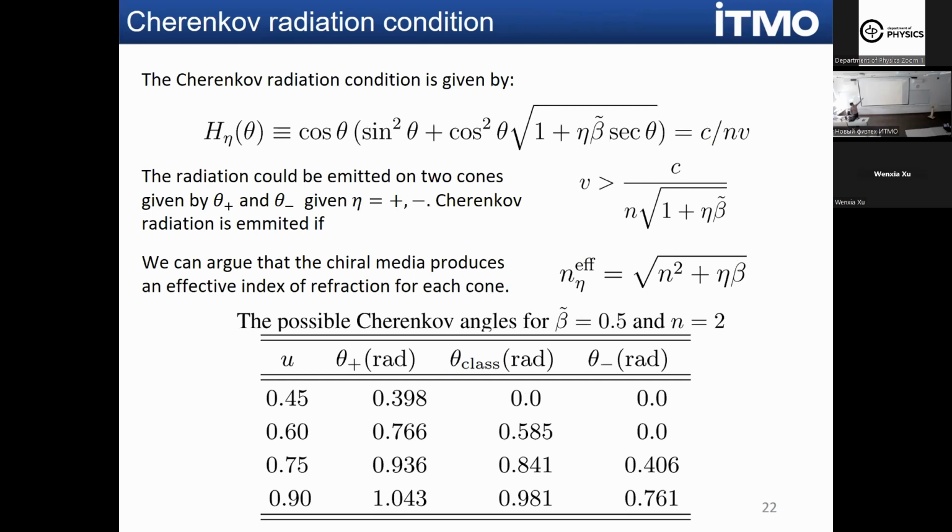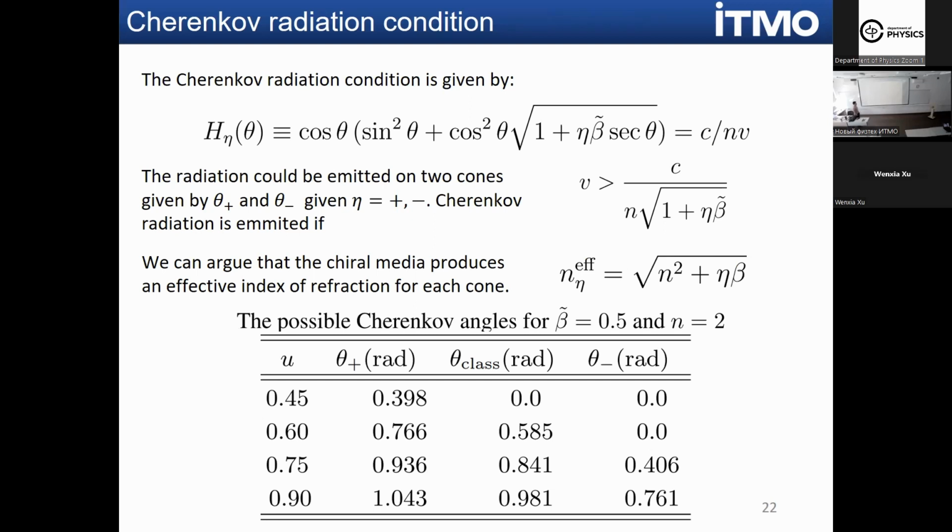So from this Cherenkov radiation condition, we know that we could have up to two cones given by theta plus and theta minus, described by eta plus or minus in this function here.